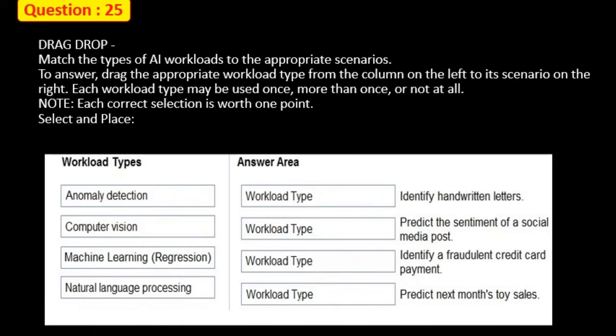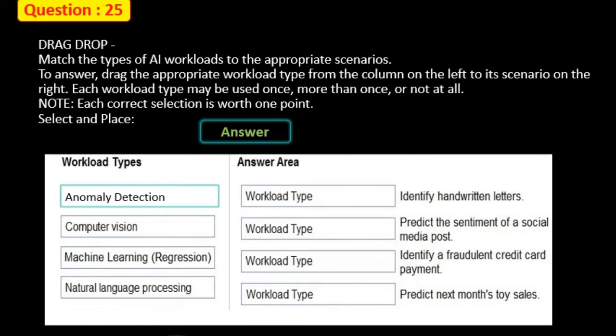Note: each correct selection is worth 1 point. The given workload types are anomaly detection, computer vision, machine learning regression, and natural language processing. Then the answer area, and then different scenarios.